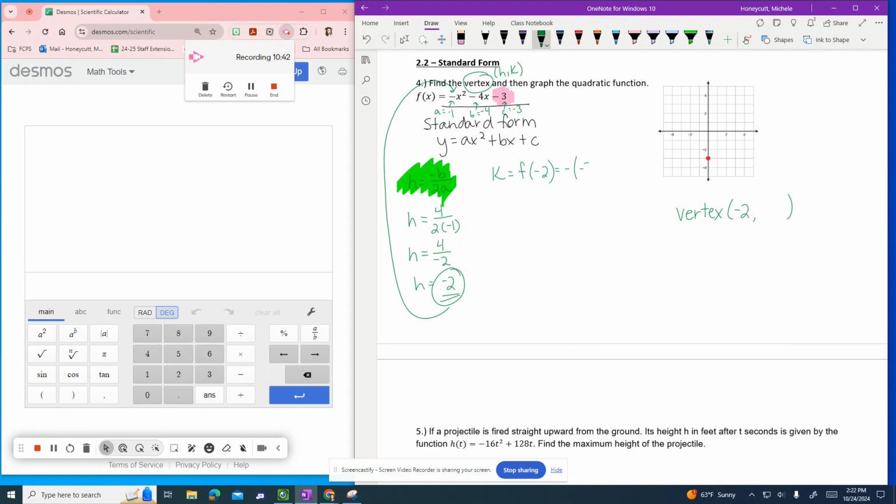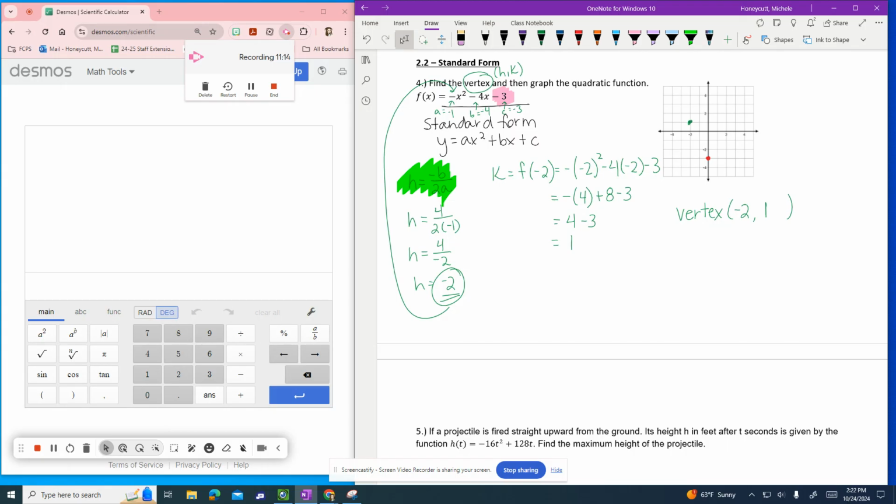So negative 2 squared minus 4 times negative 2 minus 3. If I simplify that, make sure you follow the order of operations. So negative 2 squared is 4, negative 4 times negative 2 is positive 8, minus 3. 4 plus 8... rather, 4 minus 3 is 1. So my vertex is (negative 2, positive 1).